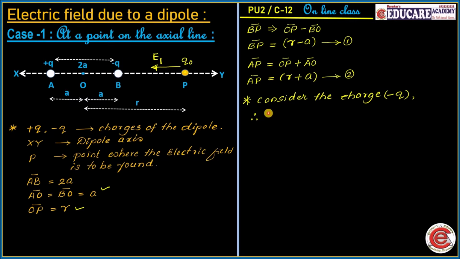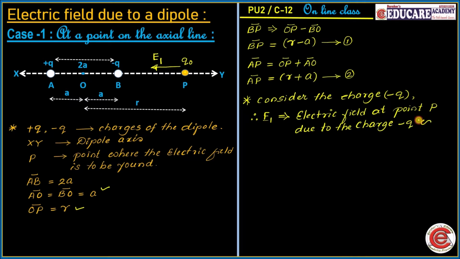Therefore, this E1, which is nothing but the electric field at point P due to the charge minus Q, is given by a well-known equation: E1 is equal to 1 divided by 4 pi epsilon naught into Q divided by the distance between the negative charge and the point P, and that distance is nothing but BP square.